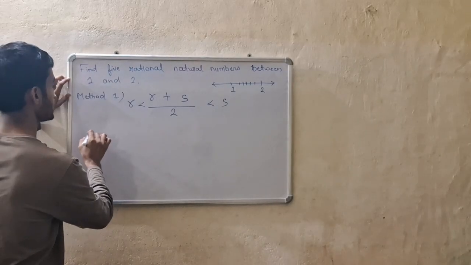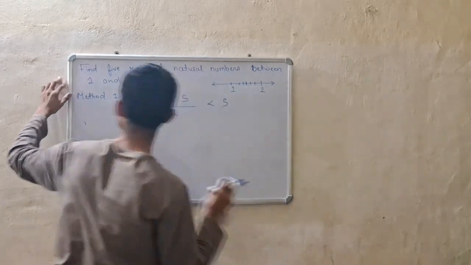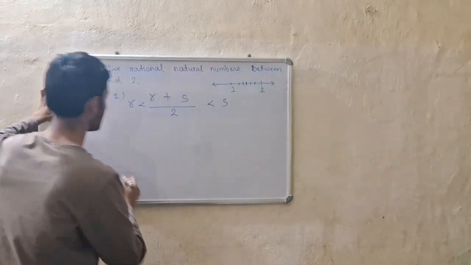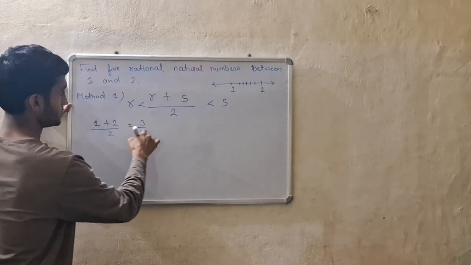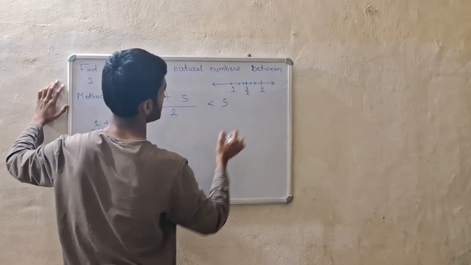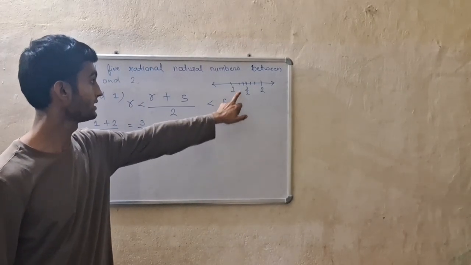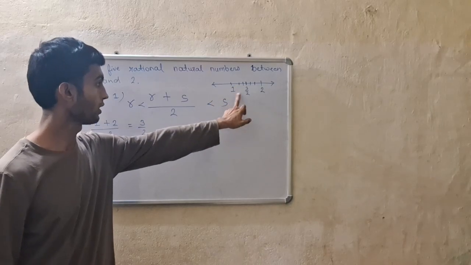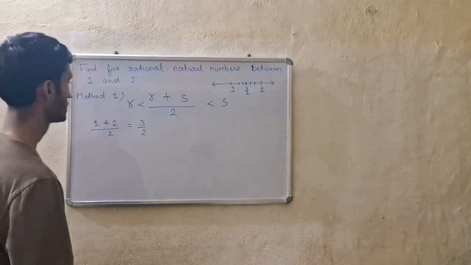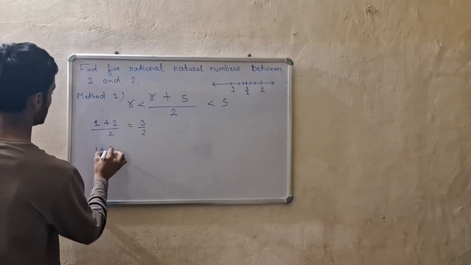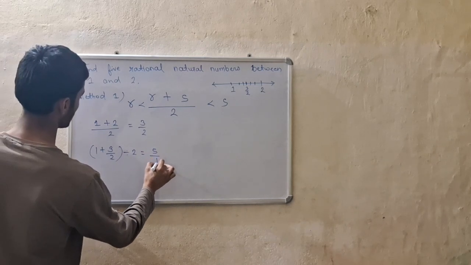So yeah, the first number can be 1 plus 2 divided by 2, which is 3 by 2. So 3 by 2 lies here in the middle of 1 and 2. Then we will use 3 by 2 and 1 to find the next number in the middle of 1 and 3 by 2, which is technically in between 1 and 2. Adding 1 and 3 by 2 and then dividing the sum by 2 gives you 5 by 4, right?